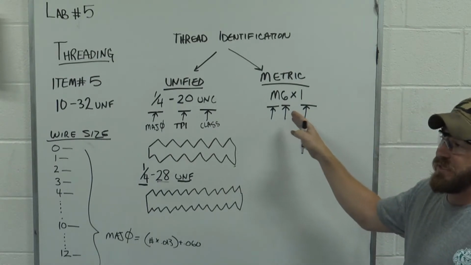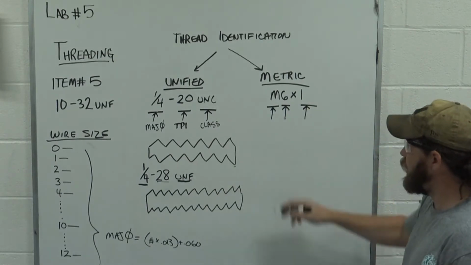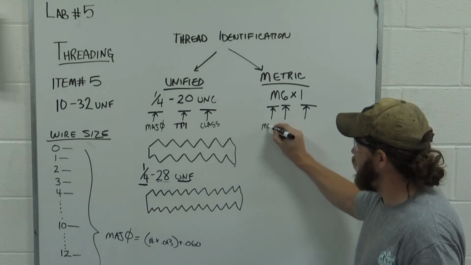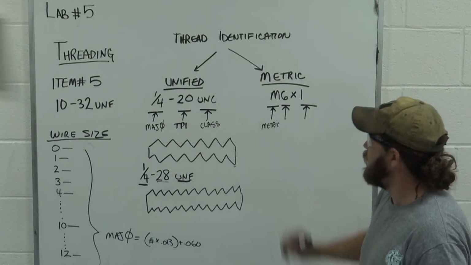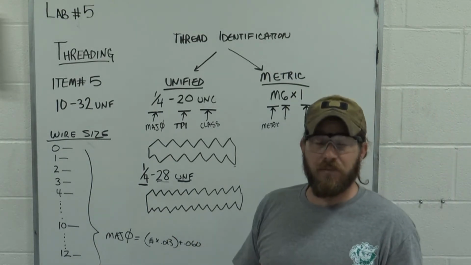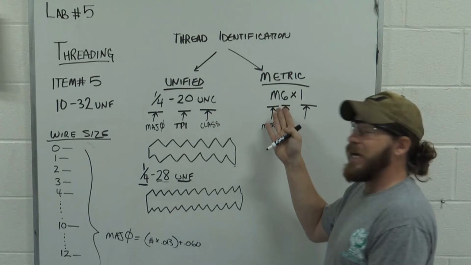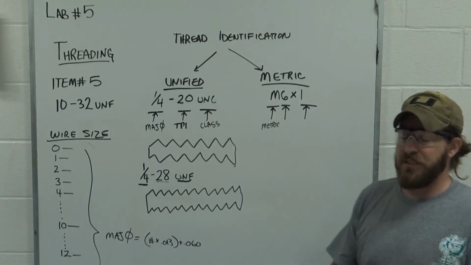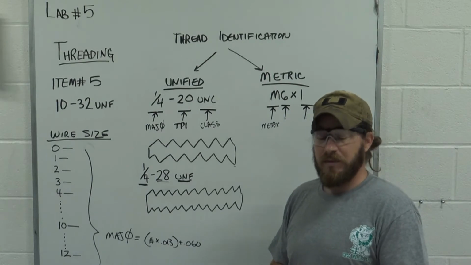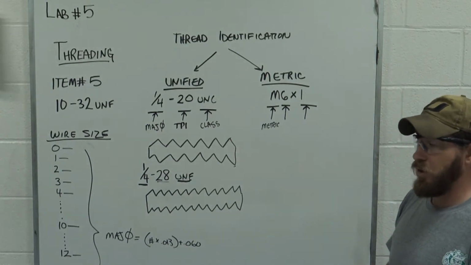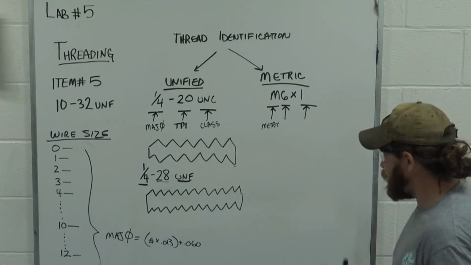This first M just denotes that it is a metric thread. If you're dealing with a print that's all in metric already, sometimes that M is not there. It's just implied, since the whole drawing is in metric, that this is a metric thread.